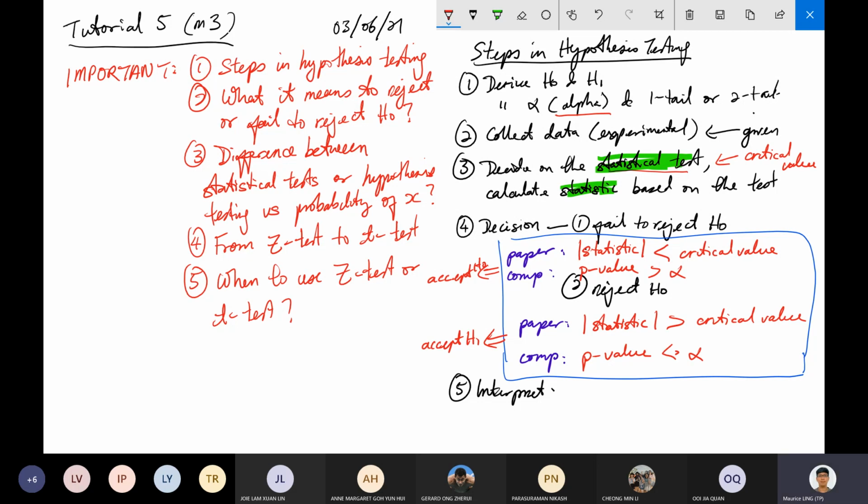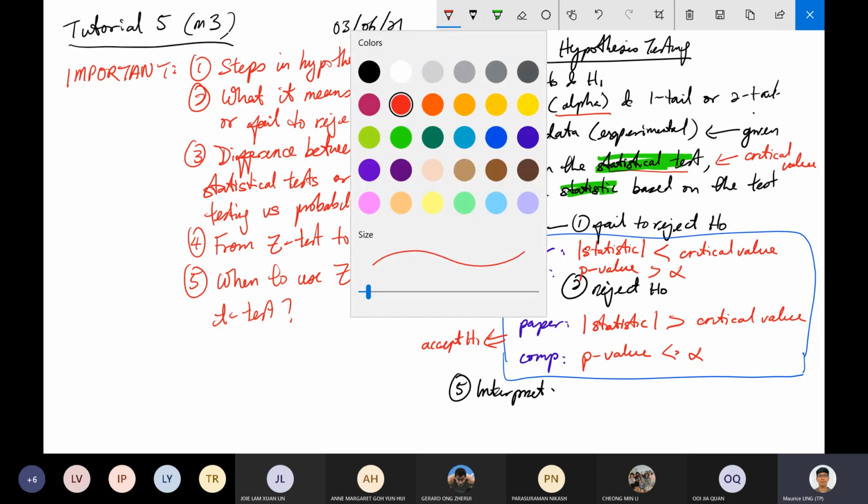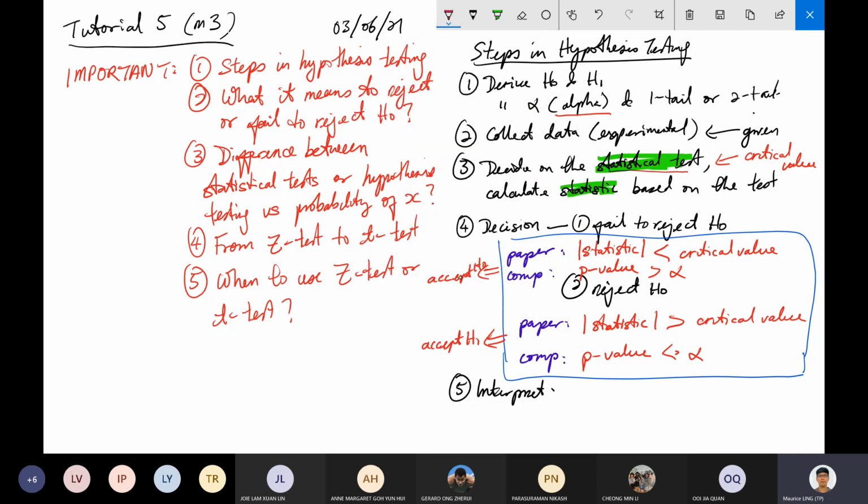Okay, the next part that I want to stress here is also based on your notes. When you accept the null hypothesis, it doesn't mean that the null hypothesis must be true.